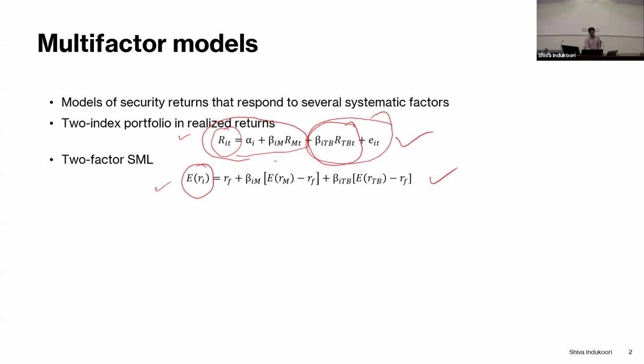This is about market and this is about treasury bill. We added treasury bill. So treasury bill also has a risk factor. So let us take that also as a regressor, as an independent factor influencing my returns. That is the addition we did here.